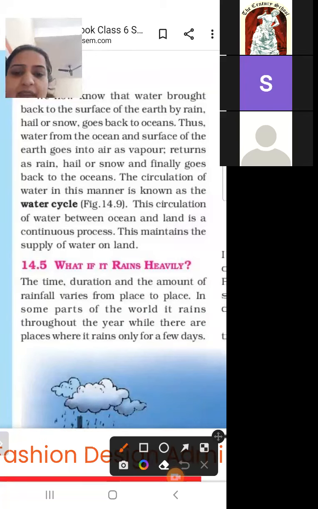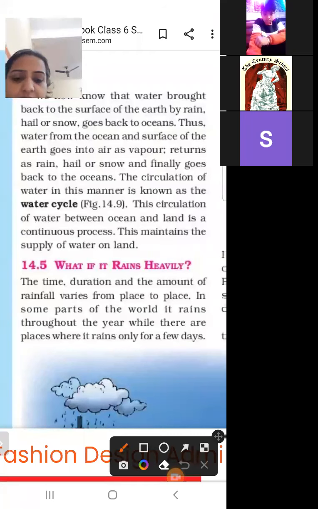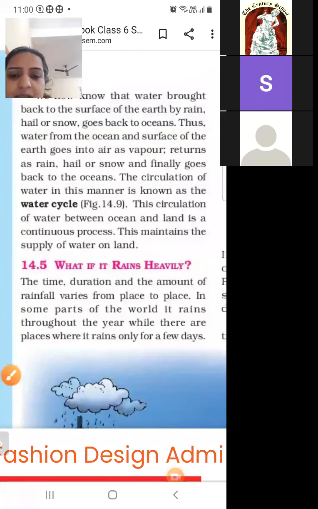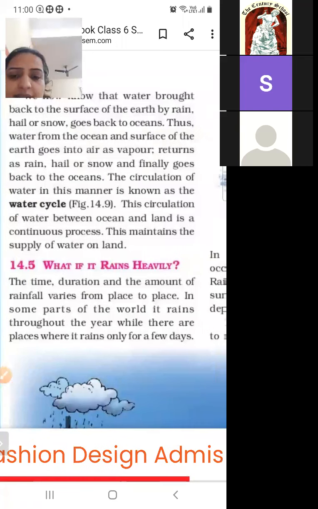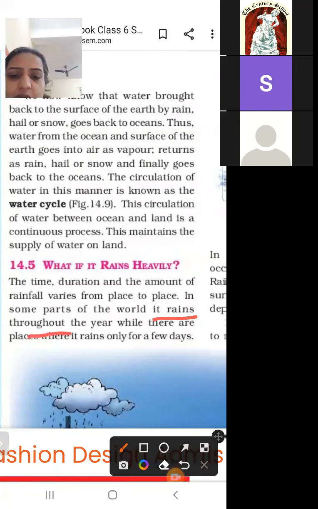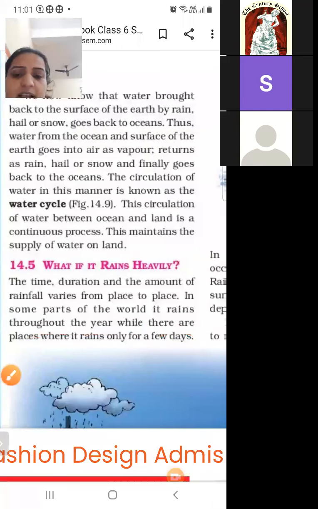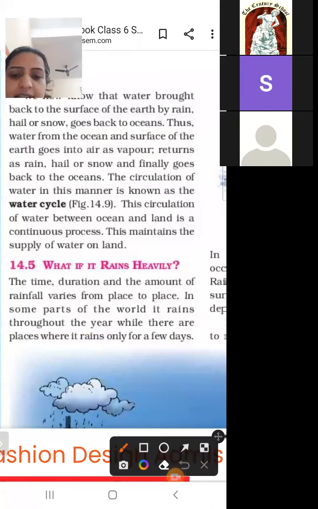In some parts of the world, it rains throughout the year, while there are places where it rains only for a few days.